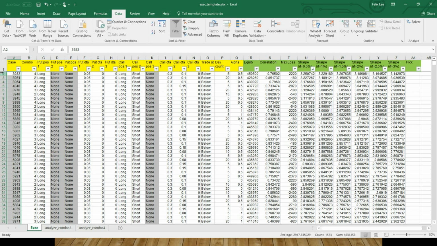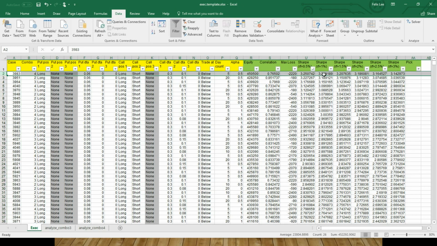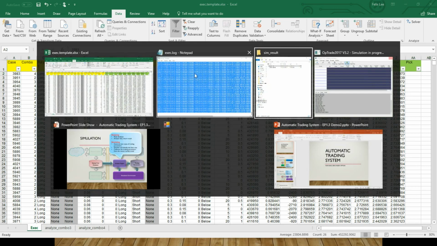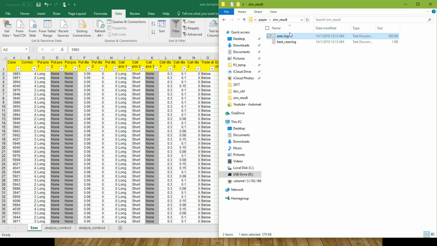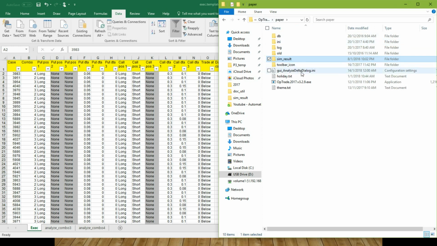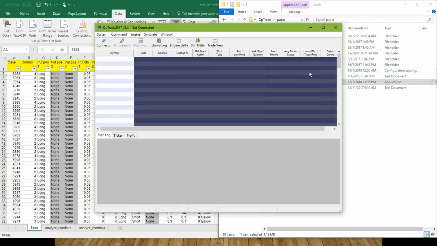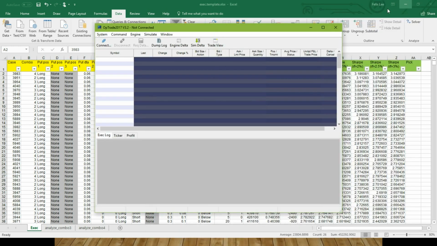For example, this particular case has the best Sharpe ratio under the particular risk-free rate condition. Then I may consider setting the trading parameters of these scenarios into the trade engine in the near future. Let's take a look at the detailed analysis of these scenarios by using the analysis engine.